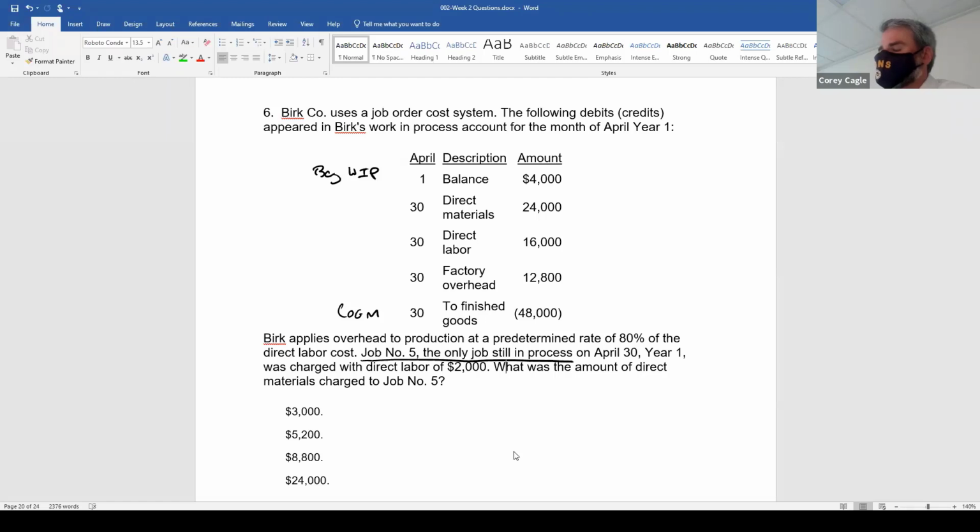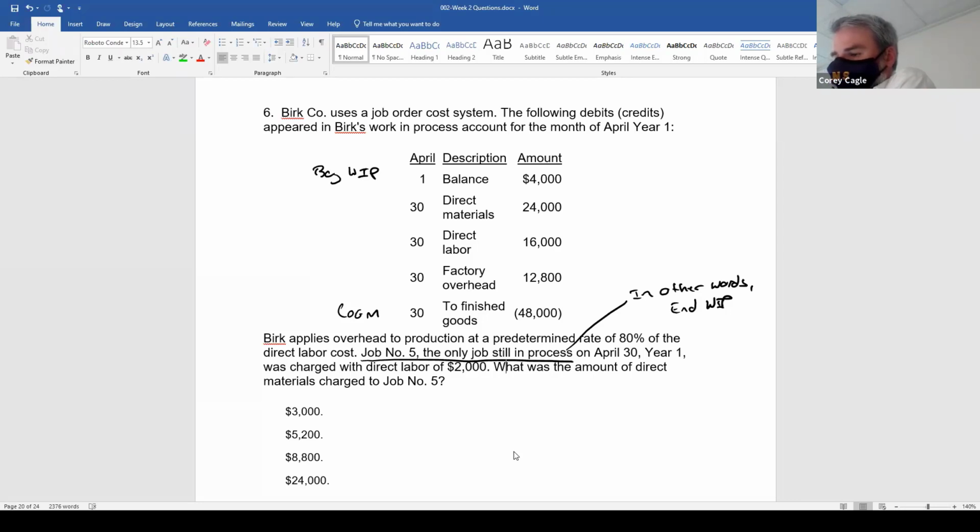So if we know ending work in process, we know the cost of job 5. They like to do that. So job 5 was charged with 2,000 of labor.